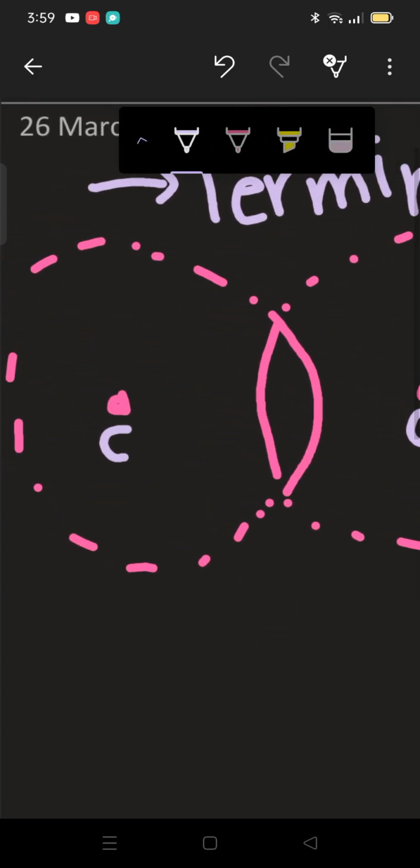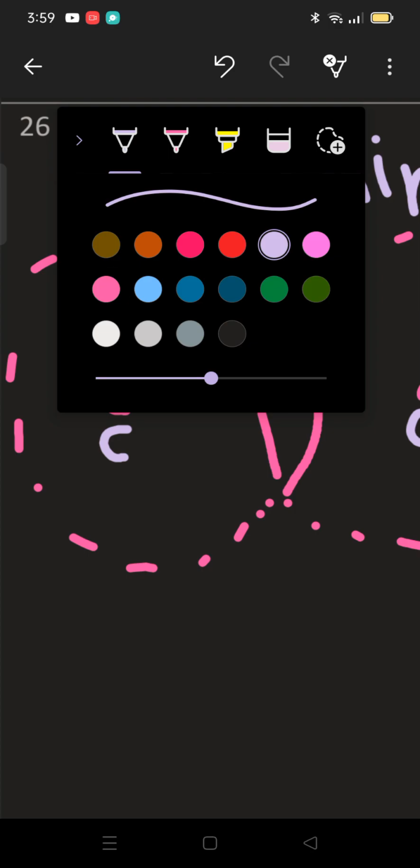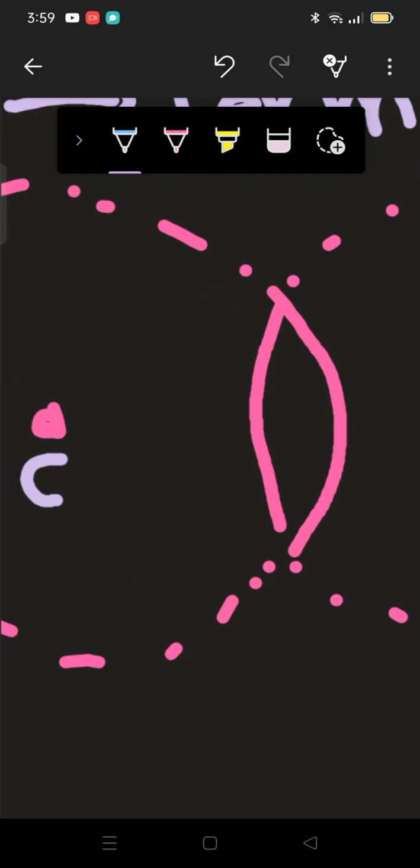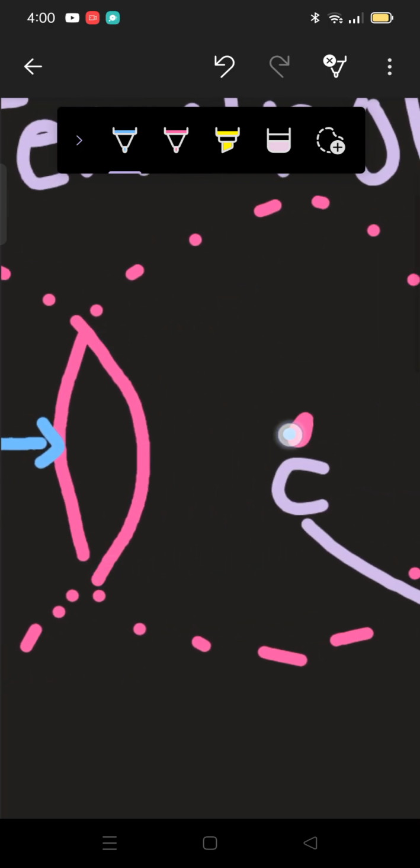Now let's talk about the radius. Radius is the second terminology. As we know, from the center point to the spherical surface, the distance is the radius. We have read that.